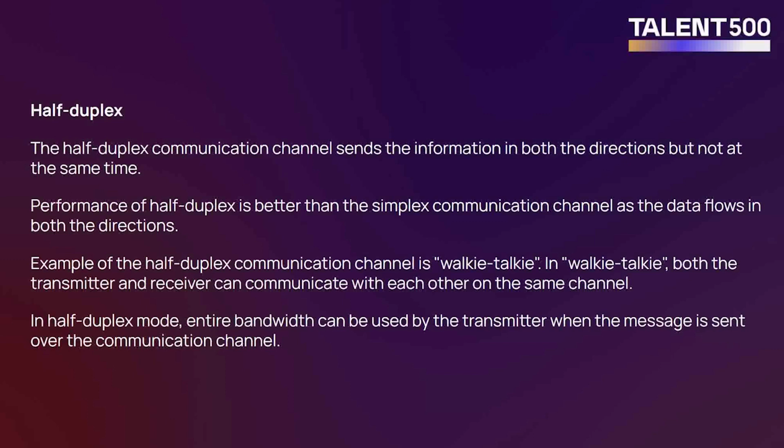The performance of half duplex is better than the Simplex communication channel as data flows in both directions. Also, the entire bandwidth can be consumed when the message is sent over the communication channel, because at one moment we are only sending in one direction, so the entire bandwidth can be consumed in half duplex as well.